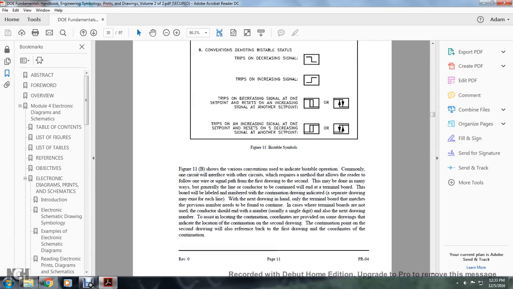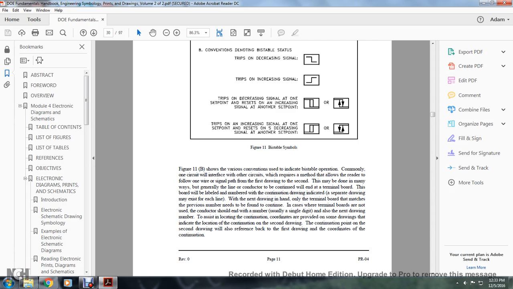Commonly, one circuit will interface with other circuits, which requires a method to allow the reader to follow the signal path from the first drawing to the second drawing. This may be done by means of the terminal board. Generally, a line conductor that continues will end at the terminal board, which will be labeled normally. Continuation drawings are indicated with the separate drawing that may exist for each line. The next drawing is found by matching the terminal board with the previous number.